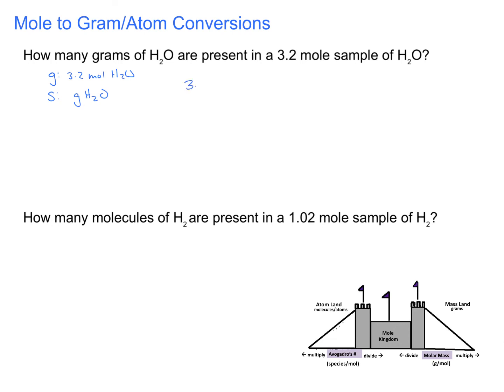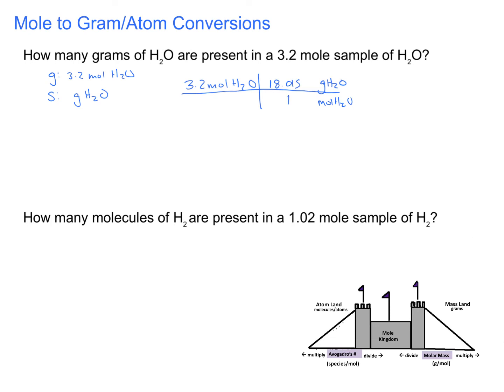So we're going to go ahead and set this up, putting our given in that first box in the dimensional analysis setup. What we want to be in is grams of H2O, and what we're already in is moles of H2O, and that's going to go down on the bottom so that that will cancel out. Okay, and then our molar mass is 18.015 grams per mole.